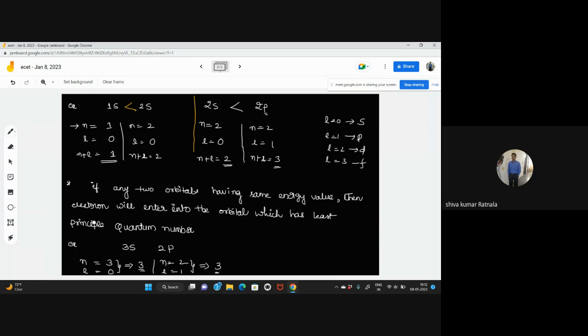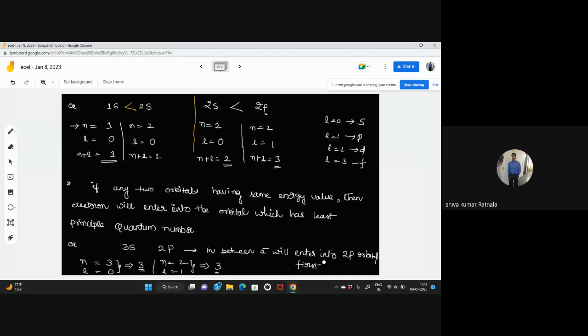So the electron will enter 2p orbital first, and after that it will go to 3s.